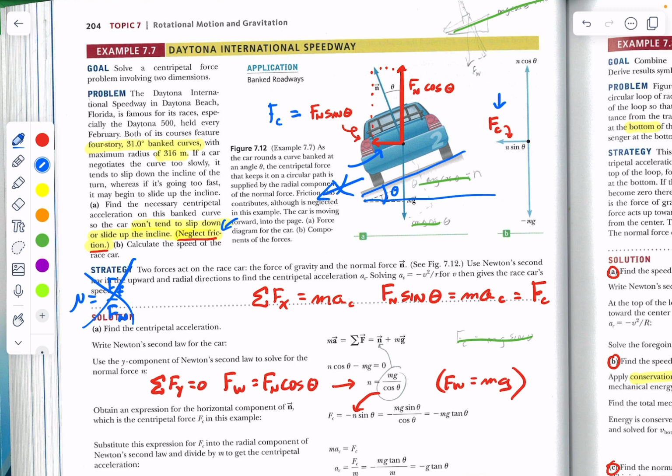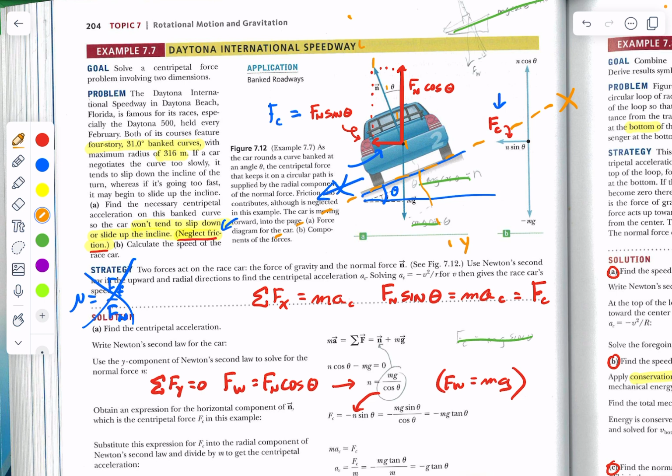Now, another thing you should notice here is oftentimes when we've solved problems about something on an incline, we made the incline the x-axis, and we made the normal force along the y-axis, and then we componentized the weight vector. We are not doing that this time. We are not adjusting our axes. We're going to keep our axes horizontal as x, vertical as y.